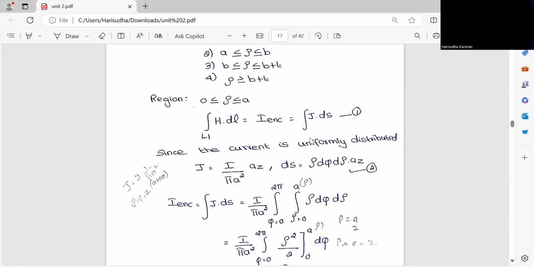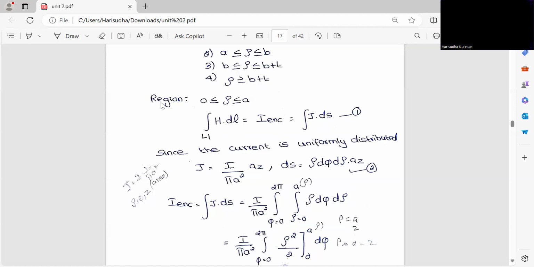Now in this equation for I enclosed, substitute the value of J as I by pi a square az and the value of dS as rho dphi drho az. When you substitute it, we need to put the integral limits accordingly, for the phi value as well as for the rho value.